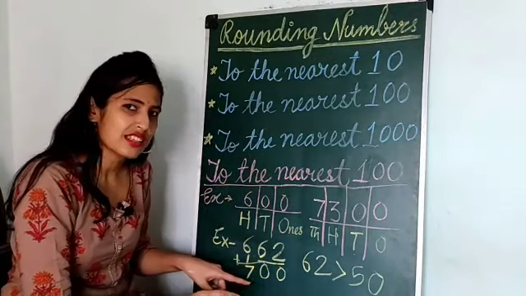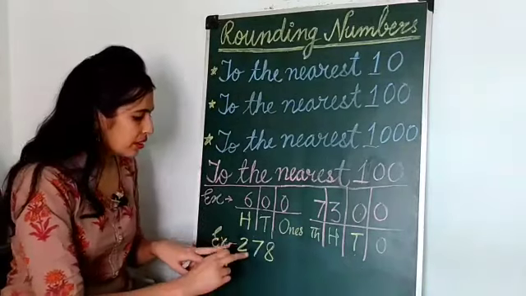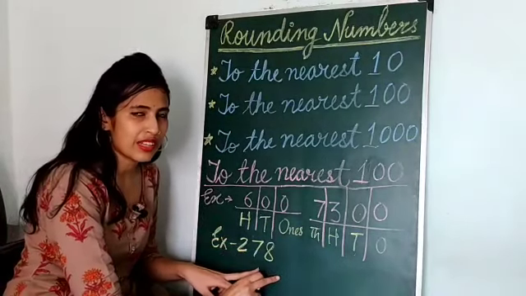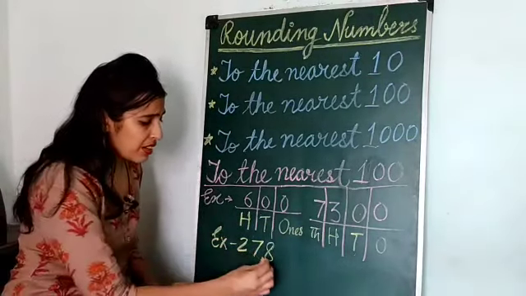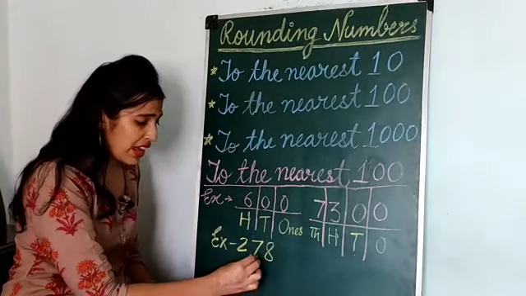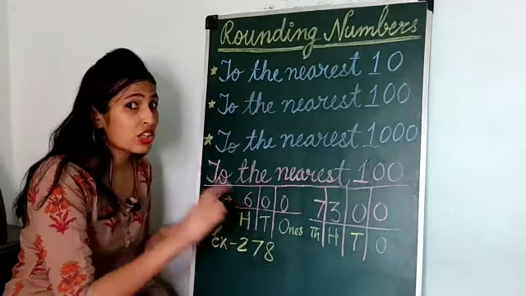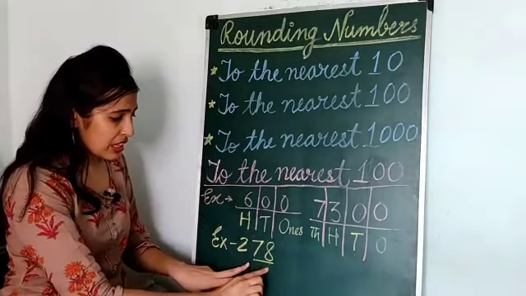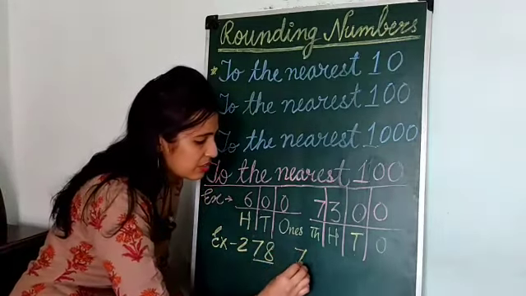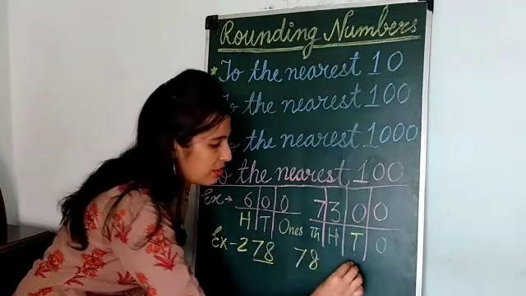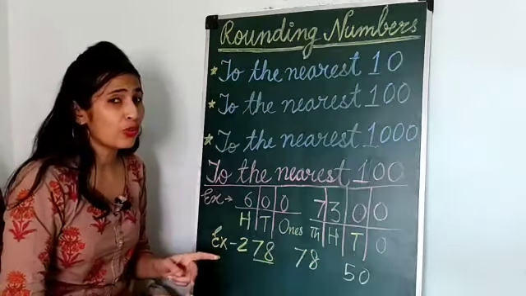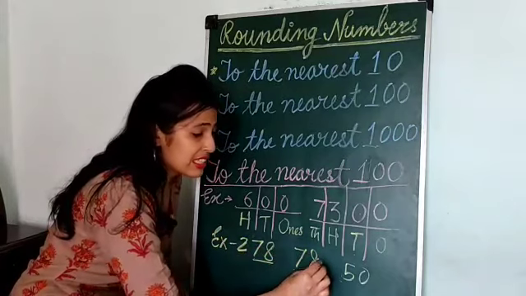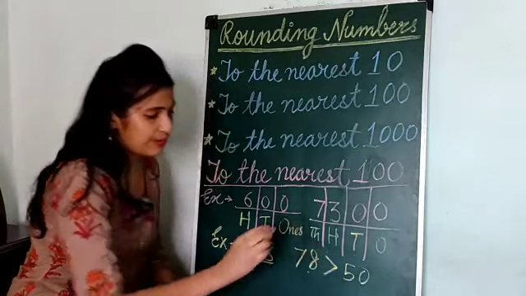Let's take another example. Here the number is 278. I will compare the ones place digit and the tens place digit, the number 78, to the number 50. 78 is greater than 50.